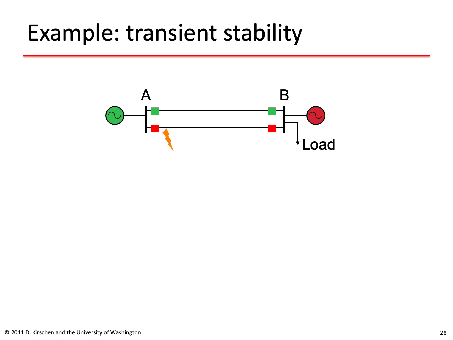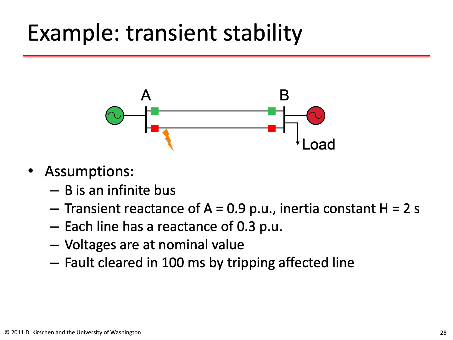Let's now use a small example to explore how transient stability limits what can be done in electricity markets. Let's take again this small example and let's make a few more assumptions. Let's suppose that the bus B can be considered to be an infinite bus, that the transient reactance of generator A is 0.9 per unit, and that this generator has an inertia constant H of 2 seconds.